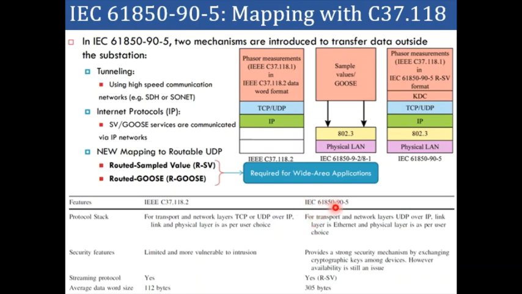While in case of IEC 61850-90-5, the transport and network layers are UDP over IP and the link layer is Ethernet, and the physical layer is left to the user to choose based on the speed of communication which the user wants.